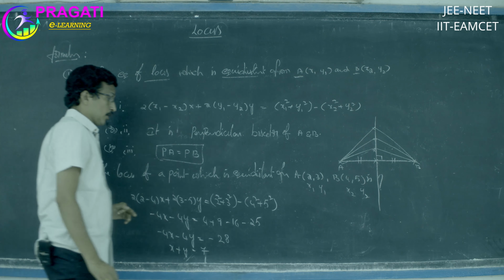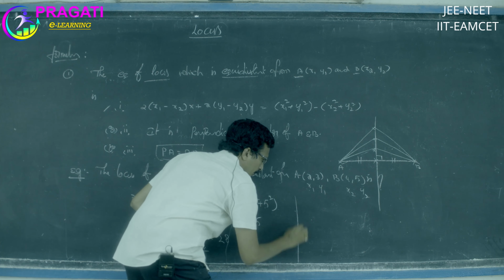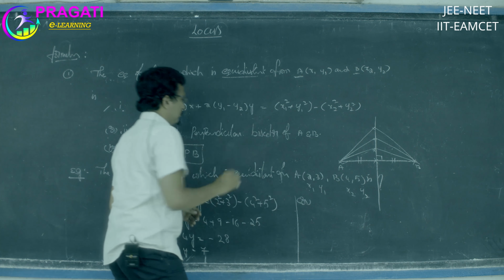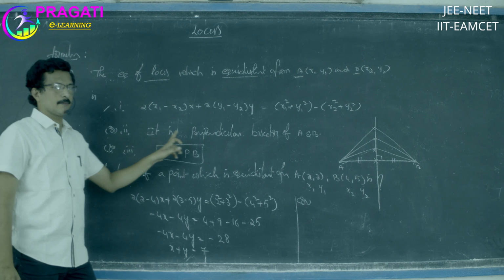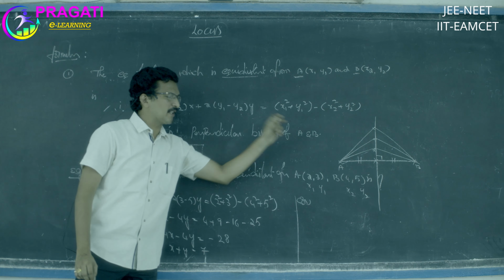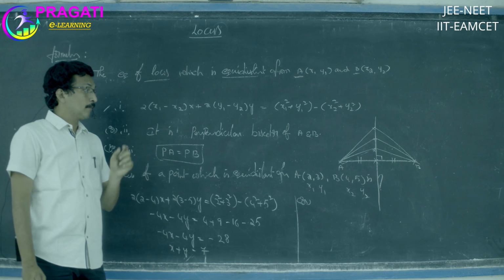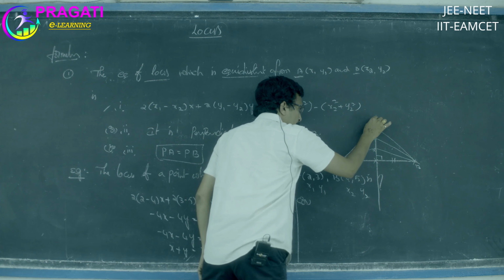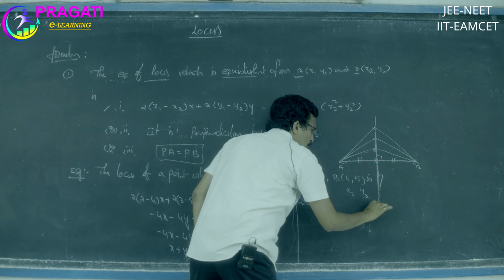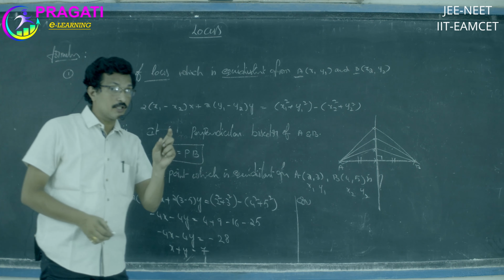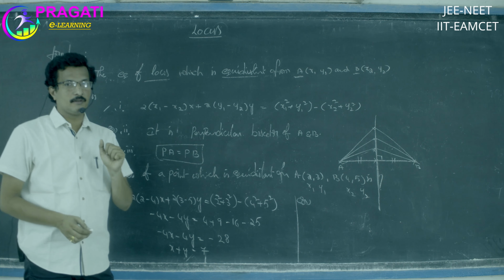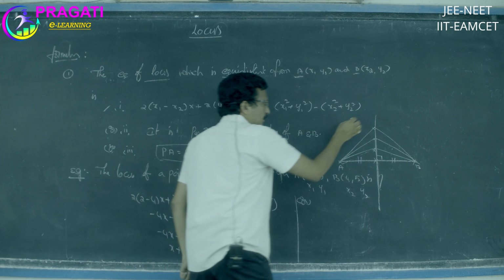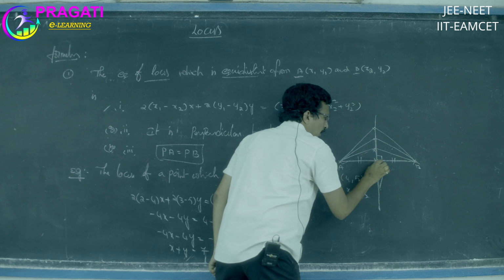Okay, and the next model is, here we observe the other method. Suppose by using this synopsis, it is the perpendicular bisector of A and B. That means here it is a line. To find the line we use slope and point. Here it is bisector, so the midpoint lies on the line.